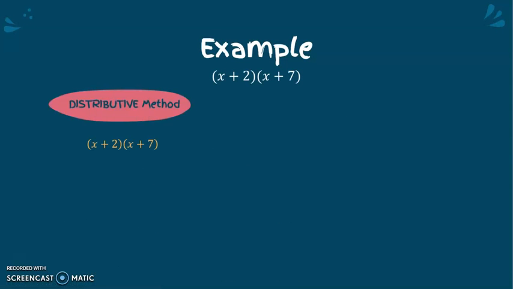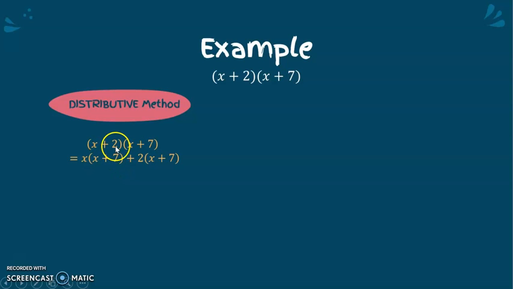As you can see, this is the first binomial. The first term of the first binomial is x. So we distribute x to each term of the second binomial, x plus 7. That is x times the quantity of x plus 7.